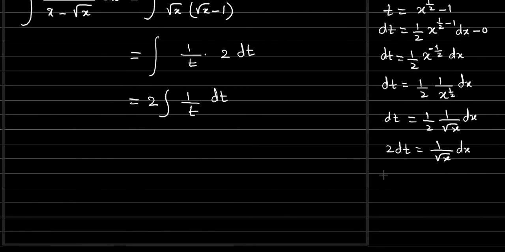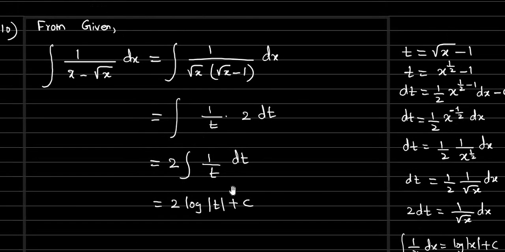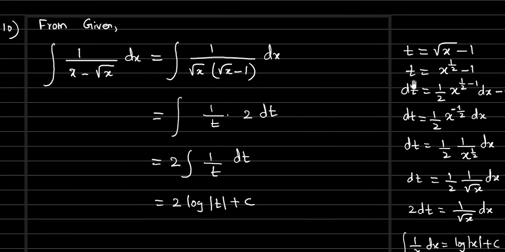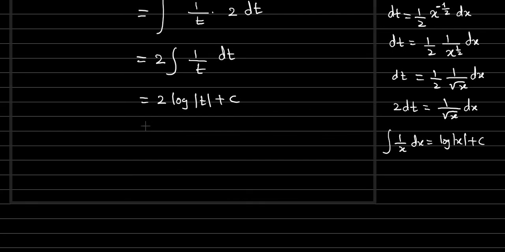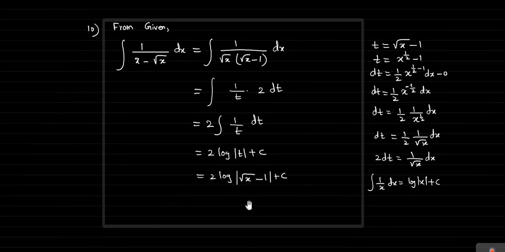In standard form, integral 1 by x dx is log modulus of x plus c. So with t, we can write 2 log modulus of t plus c. What is t? We considered root x minus 1. So substituting t as root x minus 1, plus c. That's all, the solution of the 10th one.